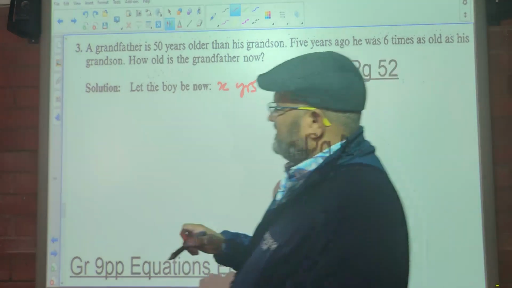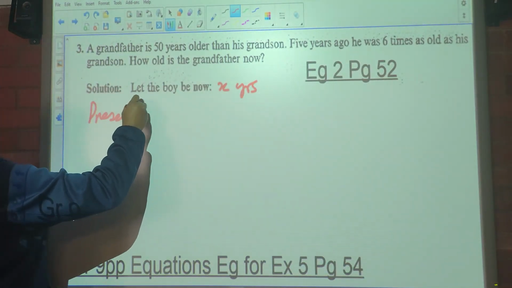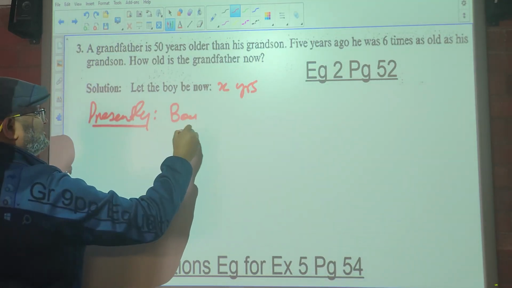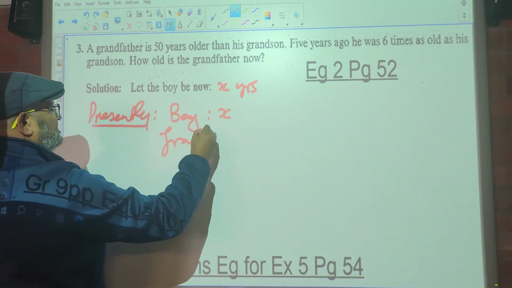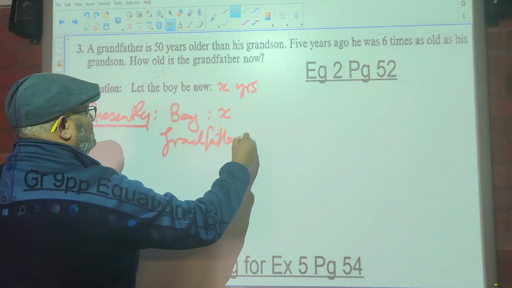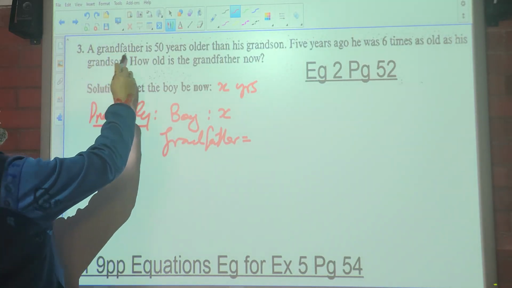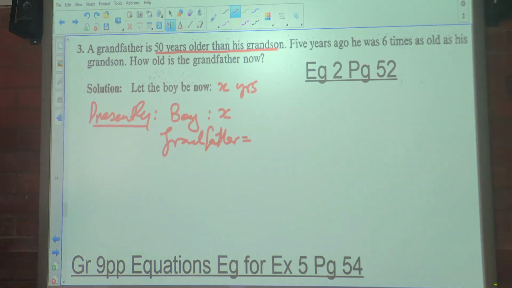So presently, the boy is X. And the grandfather is 50 years older than his grandson. So how old will the grandfather be presently?